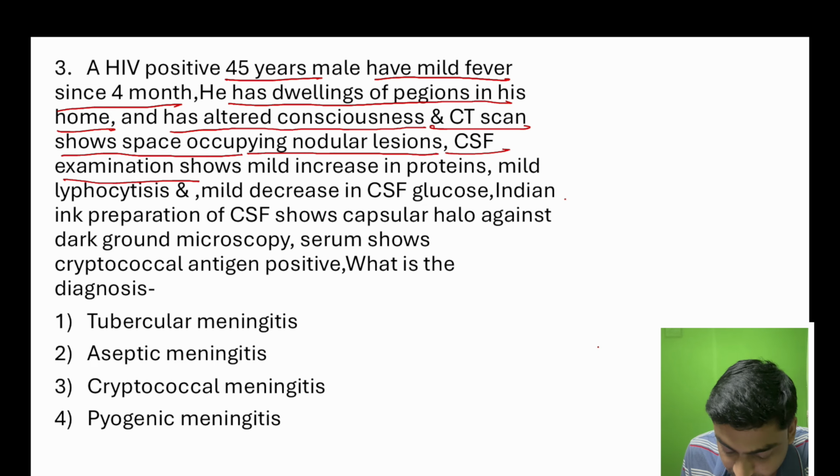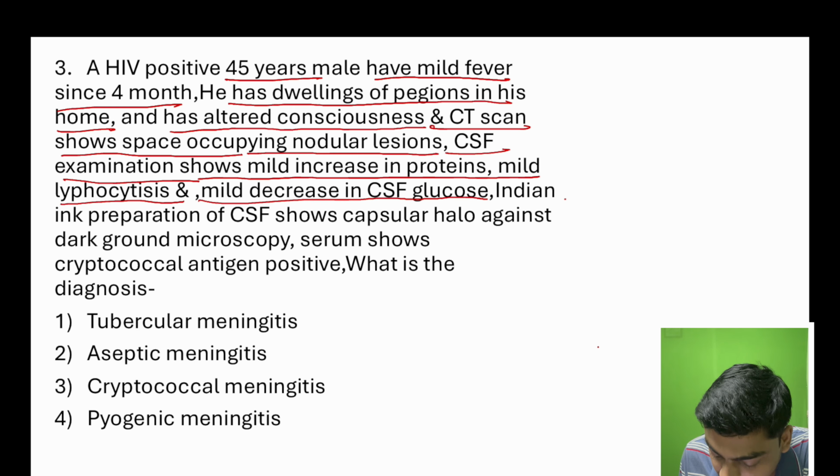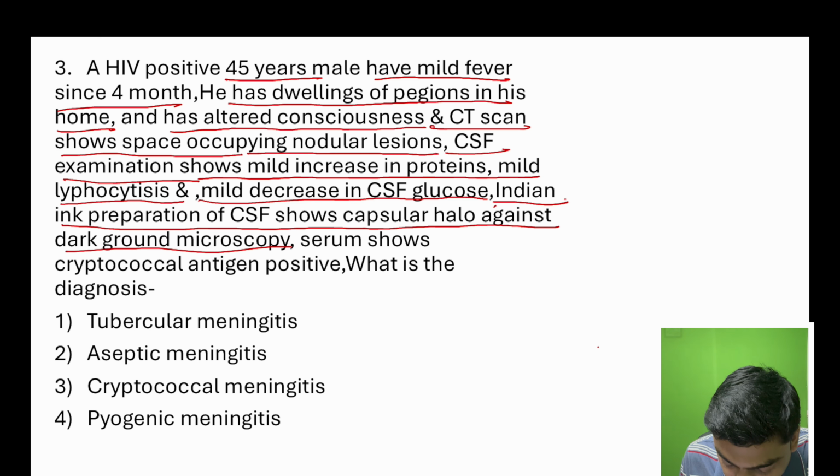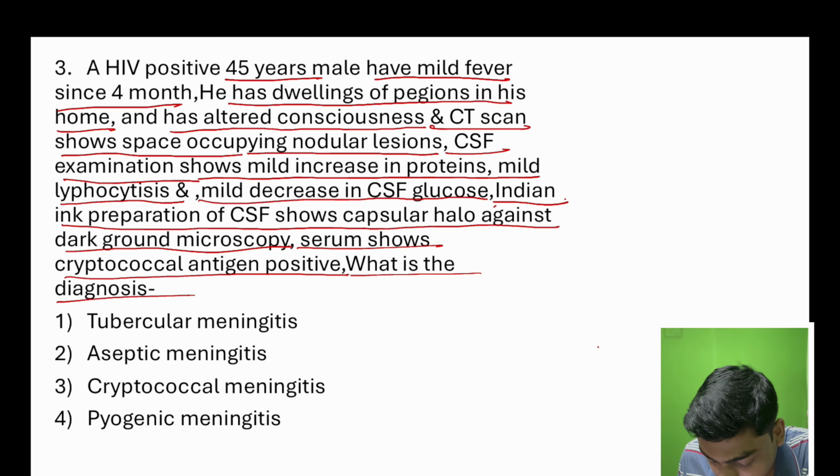Examination of the CSF shows mild increase in proteins, mild lymphocytosis, and mild decrease in CSF glucose. The Indian ink preparation of CSF shows capsular halo against dark ground microscopy. Serum shows cryptococcal antigen positive. What is the diagnosis? The options are: first, tubercular meningitis; second, aseptic meningitis; third, cryptococcal meningitis; and the fourth one is pyogenic meningitis.